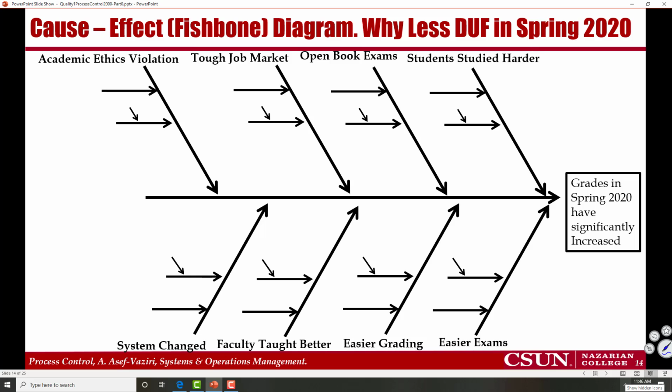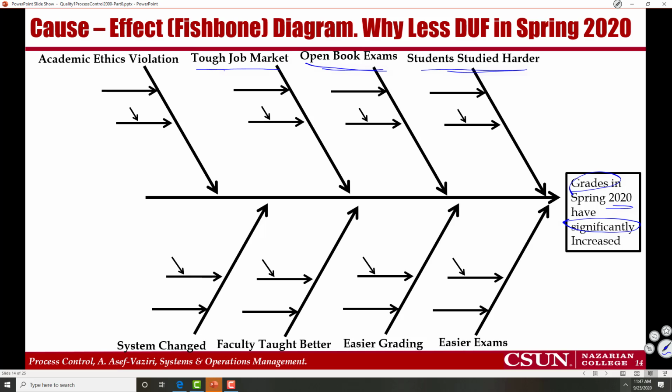Here is a similar graph, but here is a positive one. In spring 2020, the grades increased significantly. We need to know why. Did the students study harder? Was it because the exams mostly were open book?